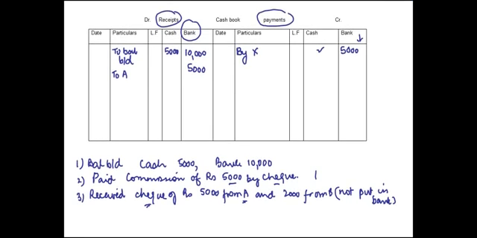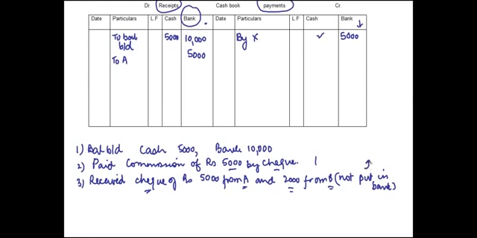Right? The second check you have received of 2,000 from B, but you have not put it in the bank account. Right? Because you have not put it in the bank account, so you will not make any entry in the bank column. Instead, the entry for this will be, let me just write it here only, checks in hand debit to B, 2,000.